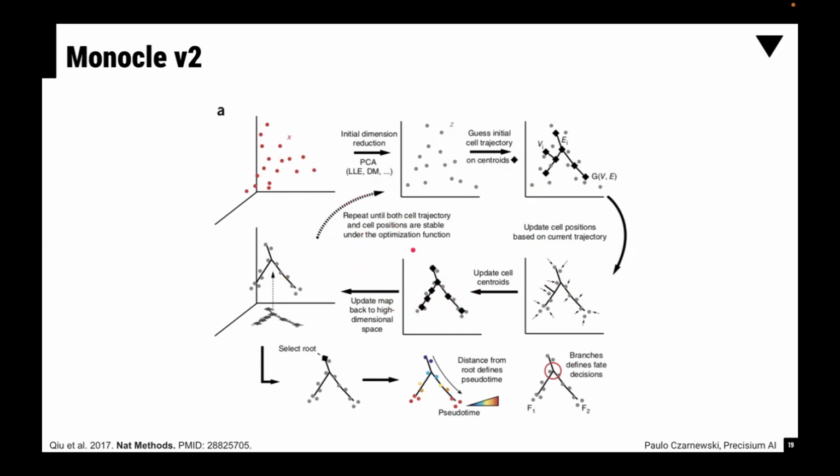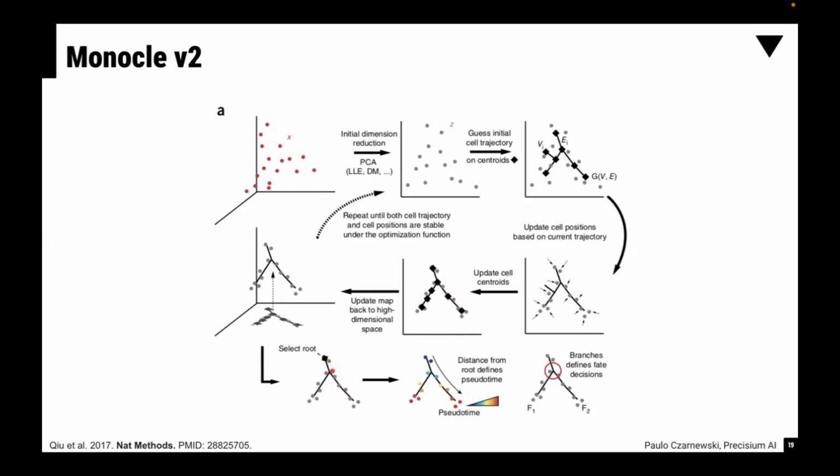You don't need to know all of these details per se, but one thing that you will get as a result for all methods is your cells projected into this minimum spanning tree or a graph that connects all cells into one lineage. So there you can then select where is your start, and that is always a biased decision by you because you need to know where the tree will start.